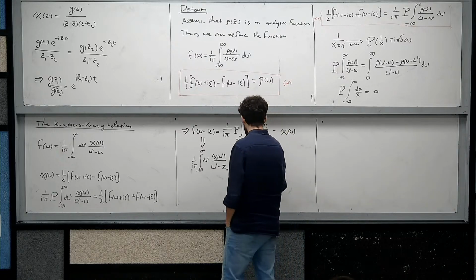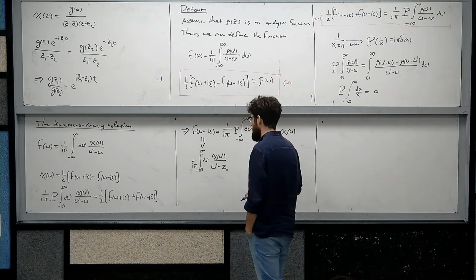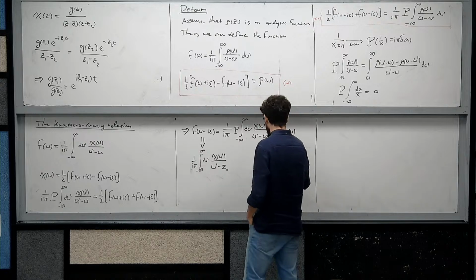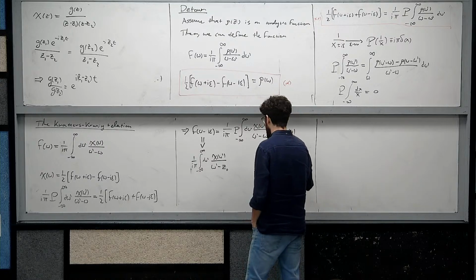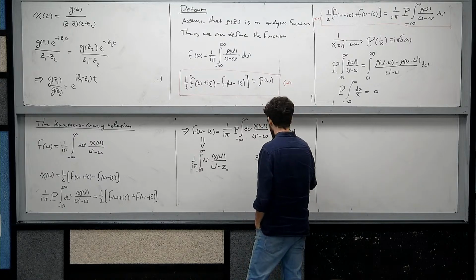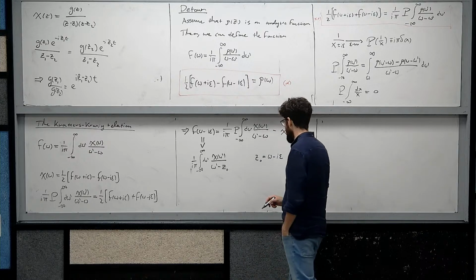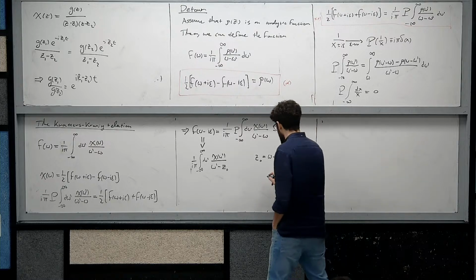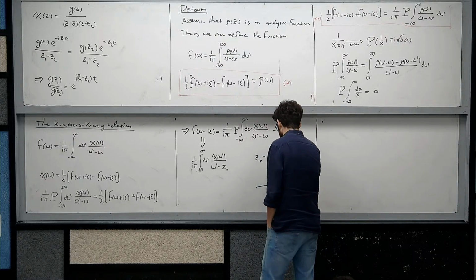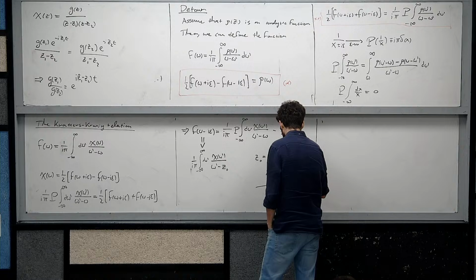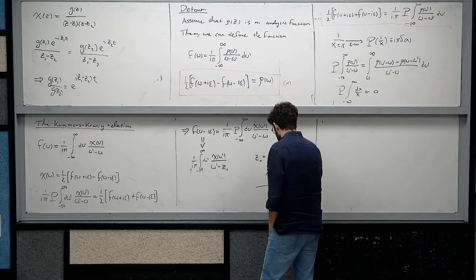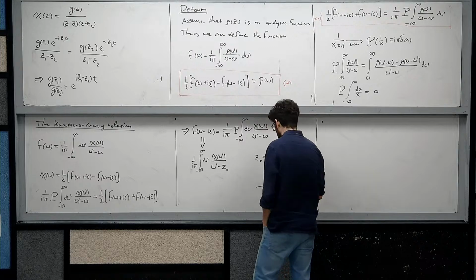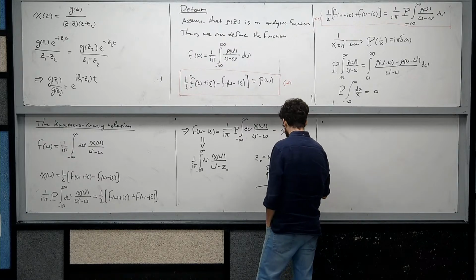And this z naught is going to be exactly omega minus i epsilon. So that means that I have omega here, here I have the imaginary part of z. Then z naught is somewhere here. Let's call this omega prime.